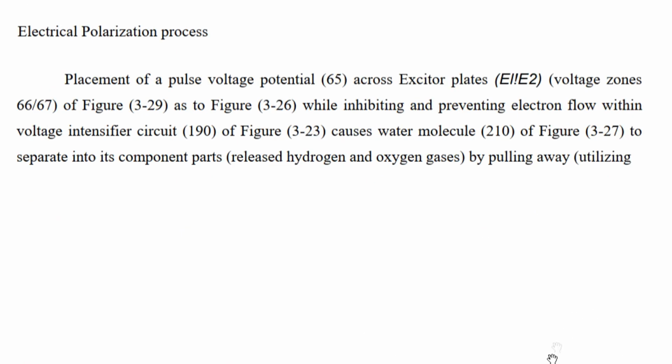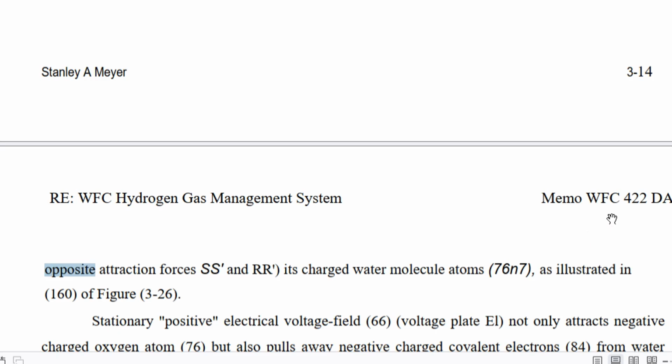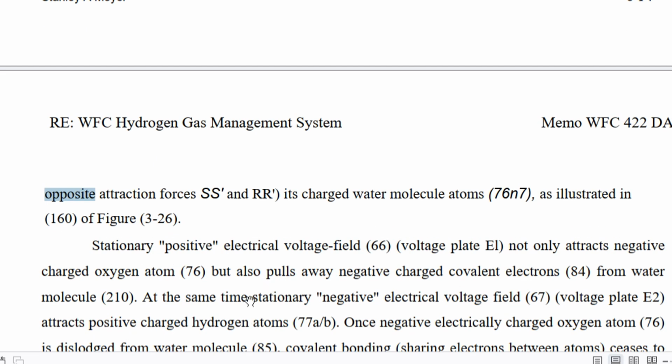Placement of a pulse voltage potential across exciter plates while inhibiting and preventing electron flow within voltage intensifier circuit causes water molecule to separate into its component parts, released hydrogen and oxygen gases. By pulling away, utilizing opposite attraction force, its charged water molecule atoms as illustrated and so on.